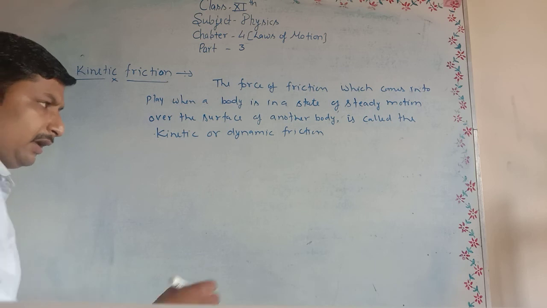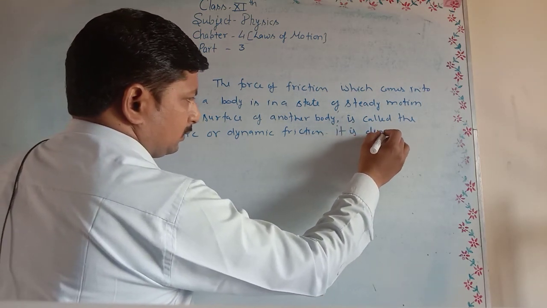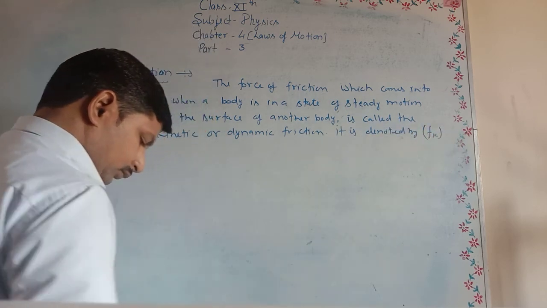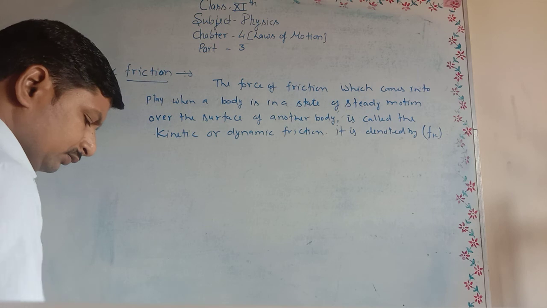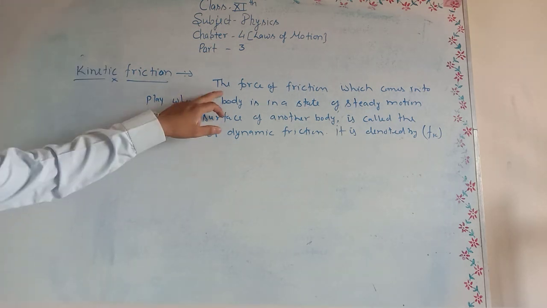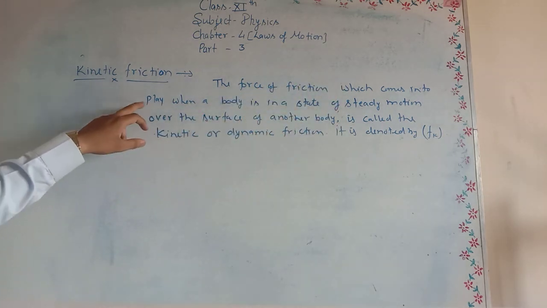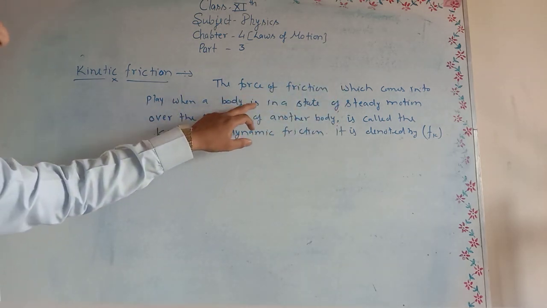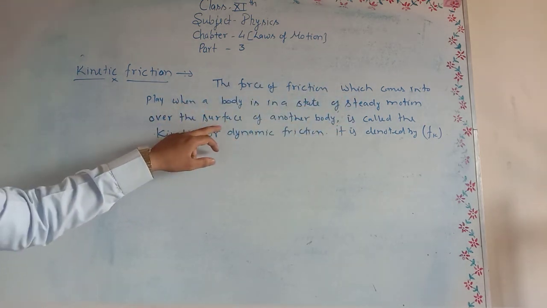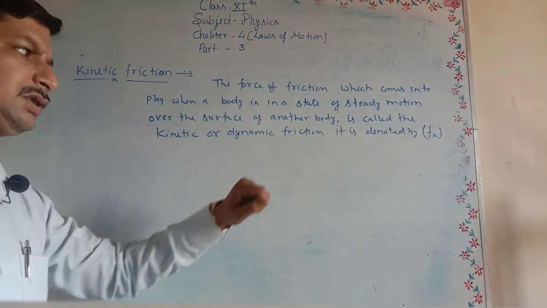It is denoted by Fk. Okay students, it is denoted by Fk. The force of friction which comes into play when a body is in a state of steady motion over the surface of another body is called the kinetic or dynamic friction. It is denoted by Fk.